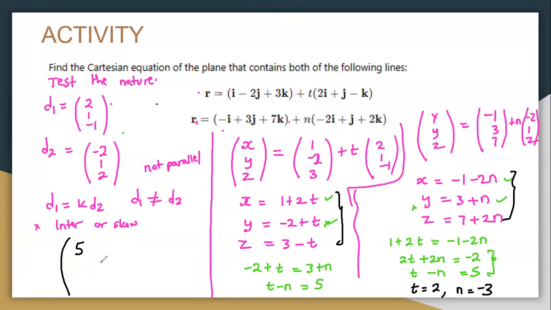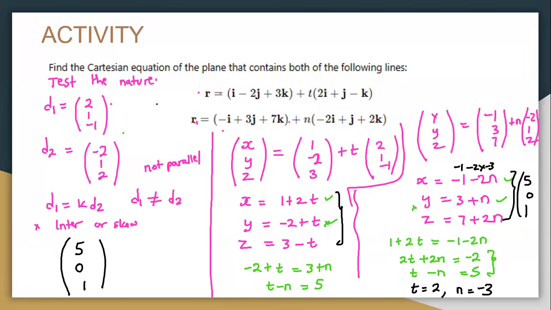When I substitute here, I'll have 0. When I substitute here, I get 1. I come this side, I substitute for my n, so when I substitute for n, I'll have -1 minus 2 times -3, which is 5. When I substitute here, I'll get 0. When I substitute here n = -3, that is 7 minus 6, which is 1.